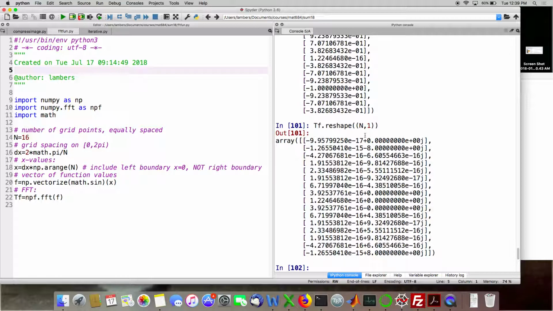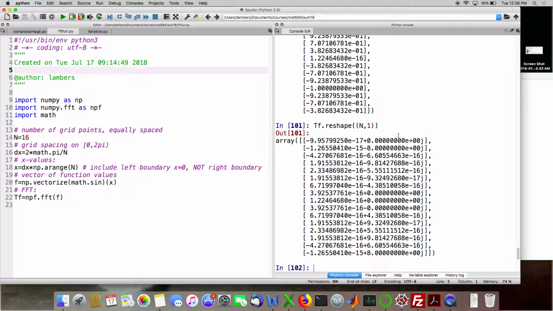Now, they're complex, so we have a real part in the first column, imaginary part in the second column. Notice most of them are incredibly small. Well, actually, all the real parts are small. The reason why is sine x is an odd function. So when you're doing an FFT of an odd function, the real parts will be 0. If it's an even function, like cosine, then the imaginary parts will be 0 or round-off error.